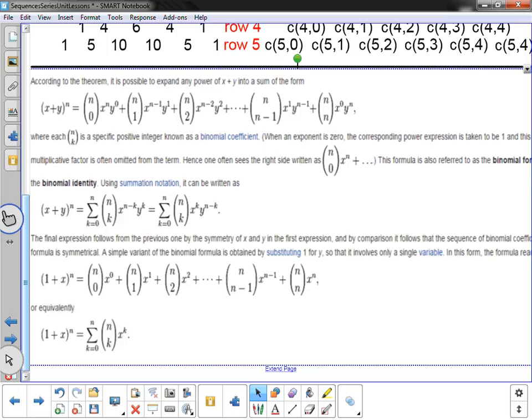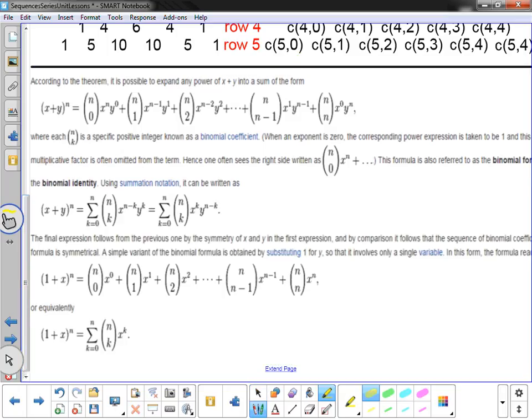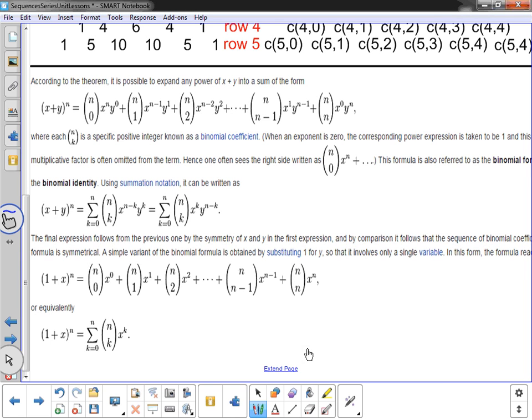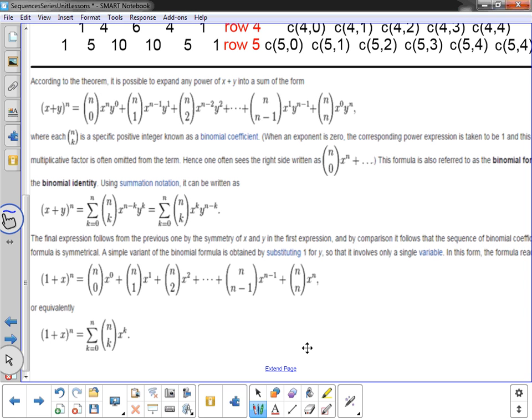Something I need to bring out here, just because of the way it's written: this little thing here is a notation for how to find the coefficient on each of these terms. We'll talk about how to figure that out. It's called the binomial coefficient.